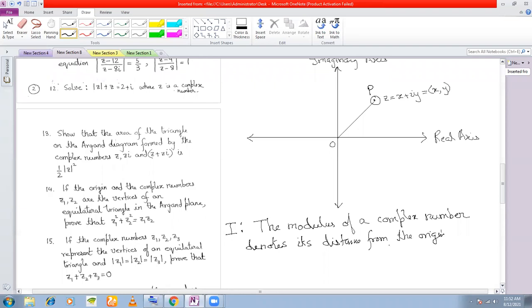So in the diagram above, the distance OP is equal to |z|. This is the first interpretation.